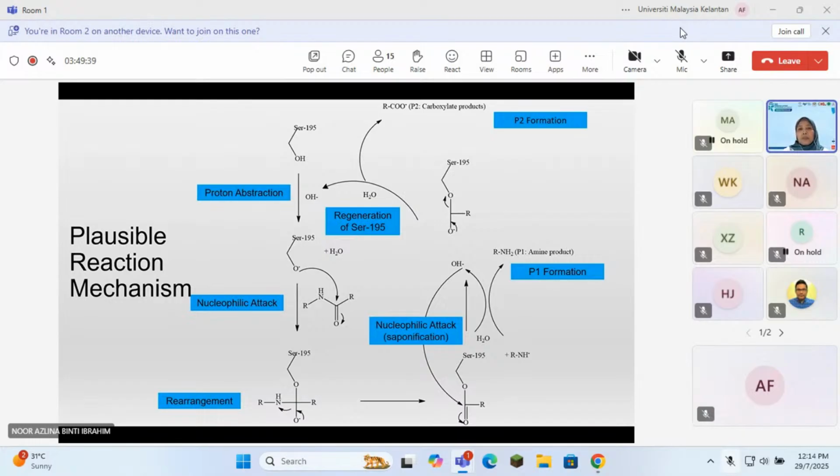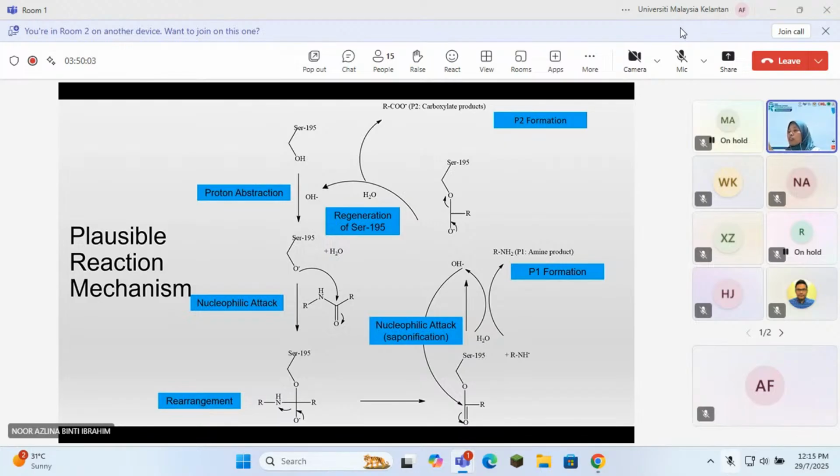Okay. Oh, sorry. The last one. Why is this enzyme able to work well around pH 8 to 10, and why does this enzyme drastically drop activity after pH 11?